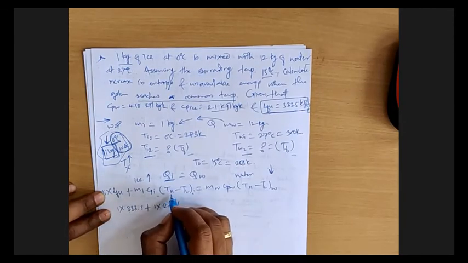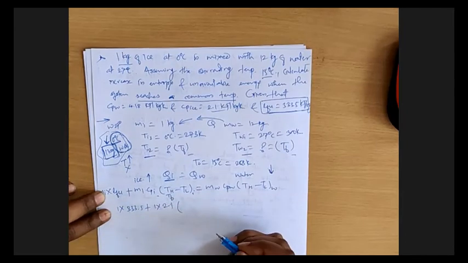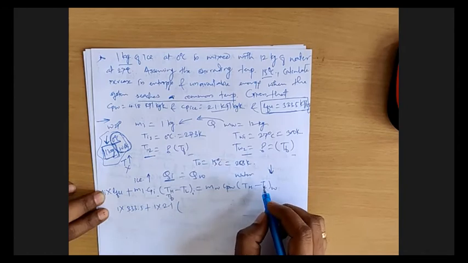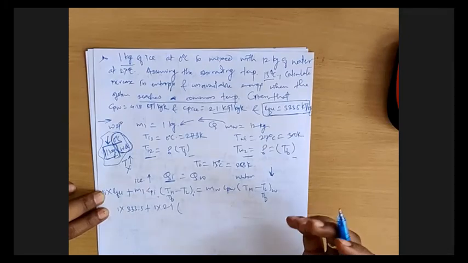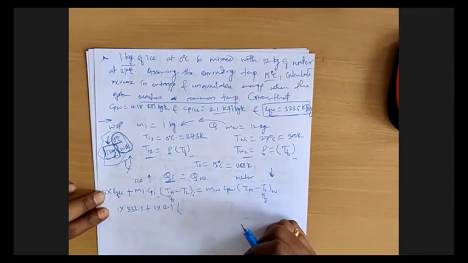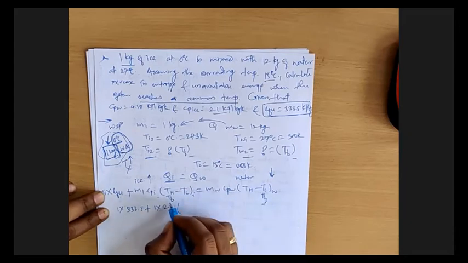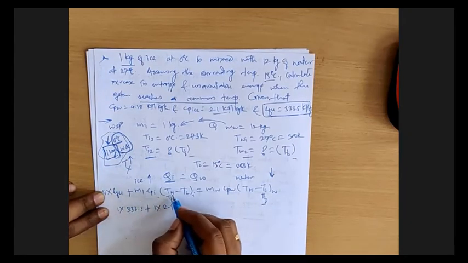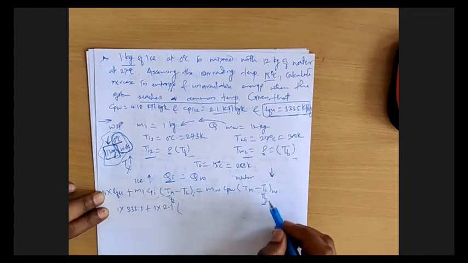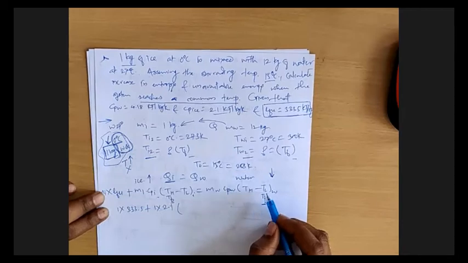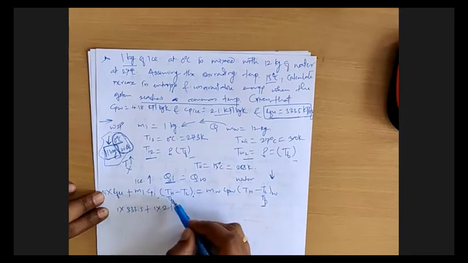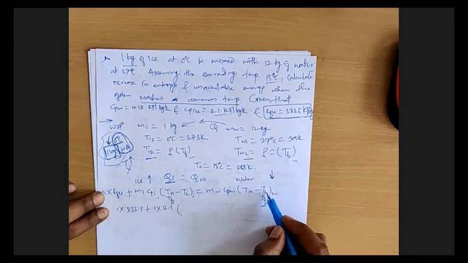So final temperature is nothing but higher temperature in case of ice, whereas in case of water, lower temperature is the final temperature, because water is going to lose the heat, its temperature is going to decrease, and we need to find this T final. So in case of ice, higher temperature is final temperature. In case of water, final temperature is lower temperature. Okay, so we are going to replace this TH in case of ice by TF and TL in case of water by TF, that is final temperature.